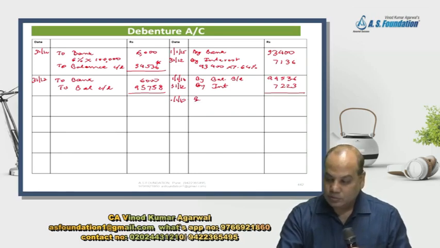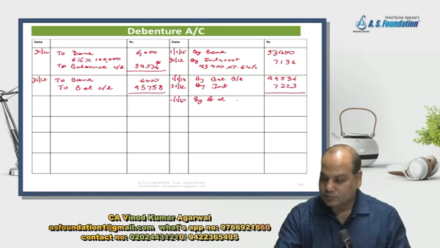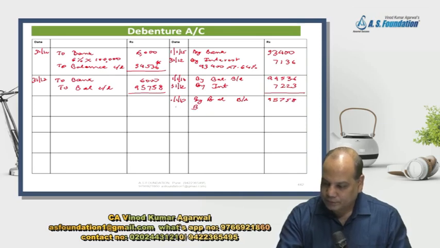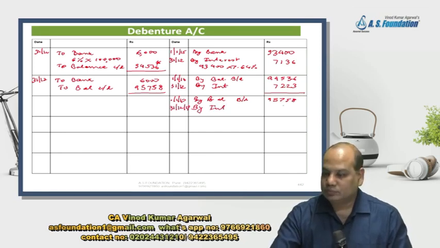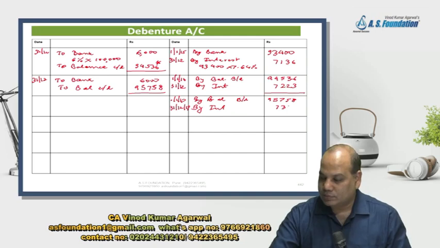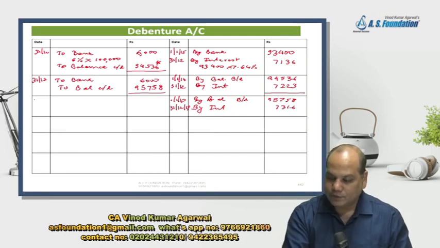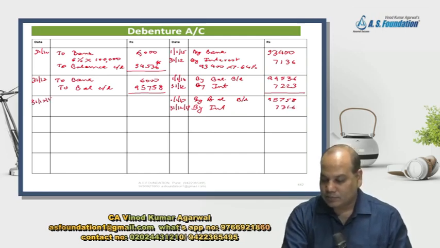By balance brought down 95,758. 31st December 2017, by interest 7,316. 31st December 17, to bank 6,000. To balance carried down.